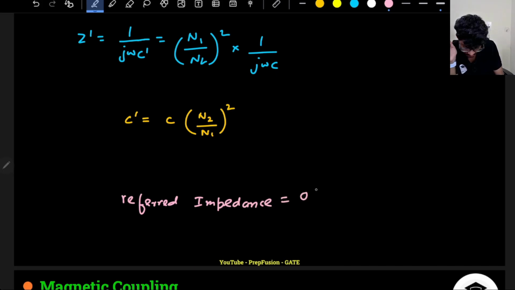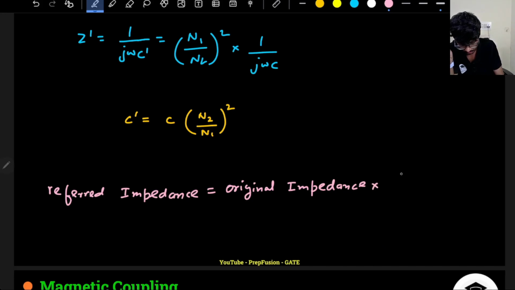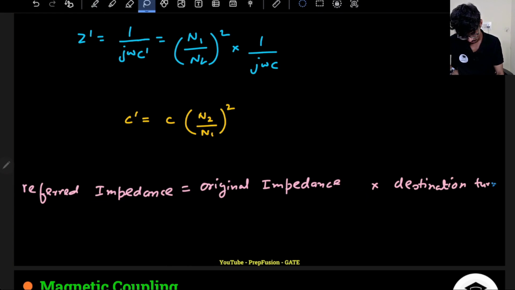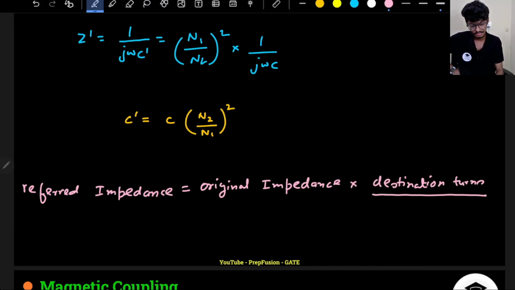Referred impedance will be equal to the original impedance, whatever was present in the previous winding, into the number of turns in the destination winding, the winding where I want to refer, divided by the original turns, where originally this impedance was present.